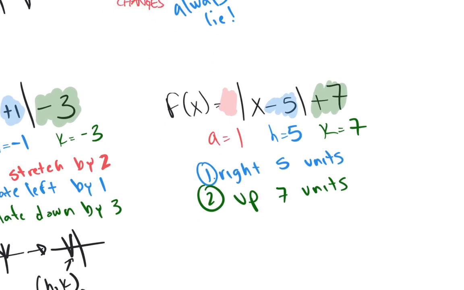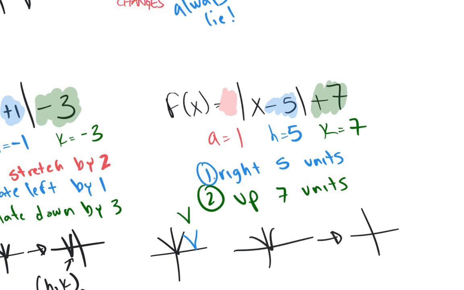So again, we're going to start from the parent function. We're going to go to the right 5 units. And then we're going to go up 7 units. So that means here's my parent. And here's my new. Always go from the parent to the new function. My vertex for this one is h comma k.